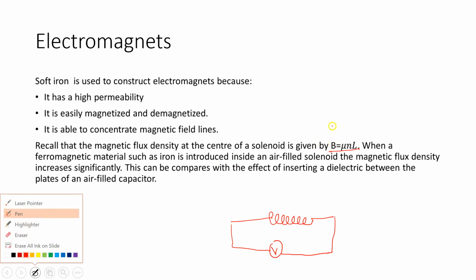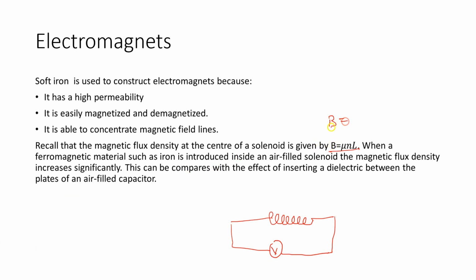I can use this equation to say B. We use B for magnetic field, so this B means magnetic field, or magnetic flux density, I should say. And that speaks to the same thing as what we call the magnetic field strength. So if you see these things, it's really the same thing that we're talking about.